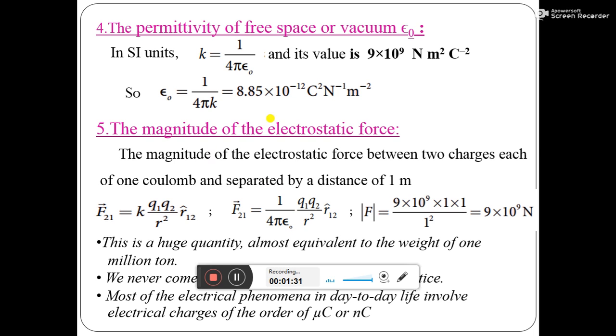The value of 1 divided by 4 pi epsilon naught is nothing but 9 into 10 to the power of 9 newton meter squared per coulomb squared. Substitute this value, and Q1, Q2 are nothing but 1 coulomb. These two charges are separated by a distance of 1 meter. Therefore, R is equal to 1, and R squared is 1 squared. Then if you evaluate, this is equal to 9 into 10 to the power of 9 newton.